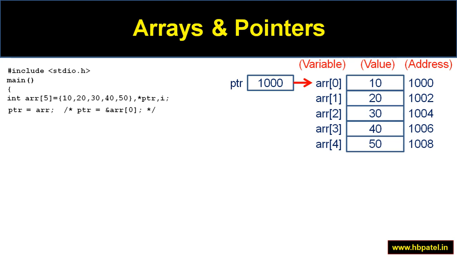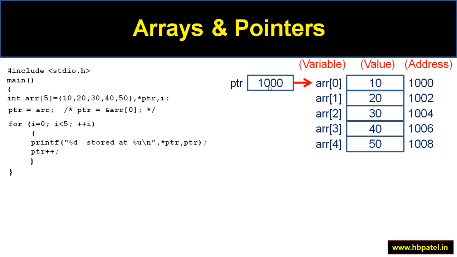This statement can also be written as PTR equal to ampersand ARR[0]. Here we are explicitly specifying the location ARR[0]. ARR[0] is the first element and the address of ARR[0] is 1000. So whether you write it this way or that way, it is the same thing. In both cases, 1000 will be assigned into PTR.